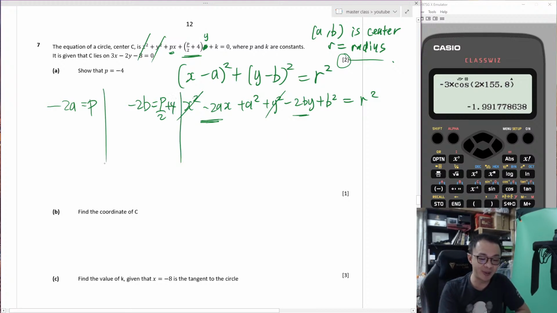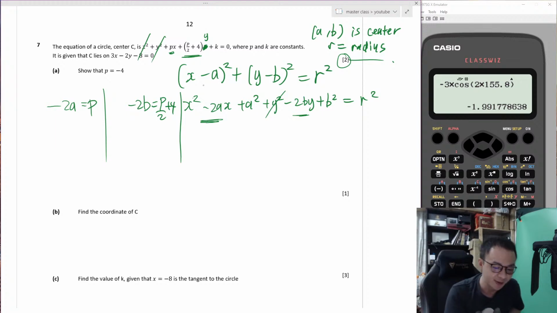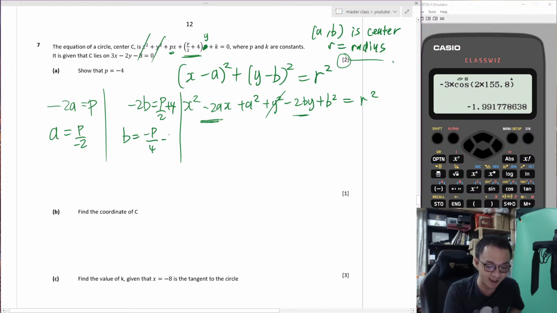Because I want to find the p. But do we know the center? Yeah, from here you can get your center coordinates. I will explain later. a is p over negative 2. Then b will be negative p over 4 minus 2.